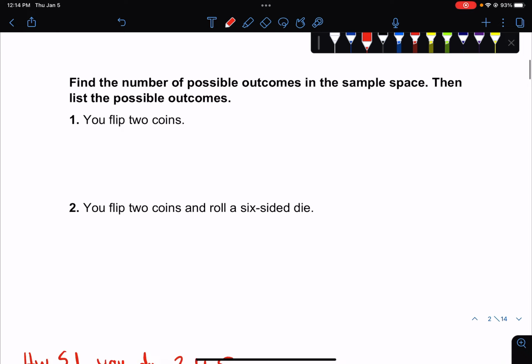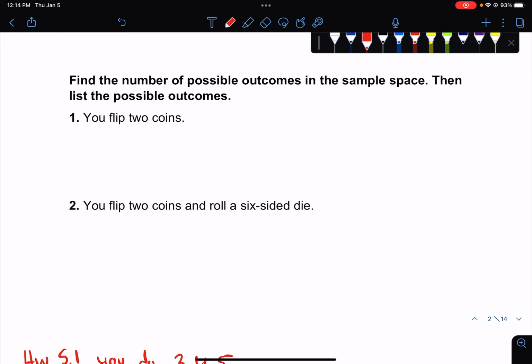So the next example says, find the number of possible outcomes and then list them. If I flip 2 coins, my first coin could be heads and my second coin could be heads, or I could get heads and then tails. Or my first coin could be tails and then I could get heads, or I could get tails, tails.